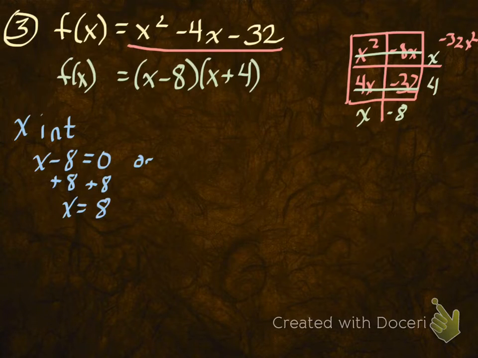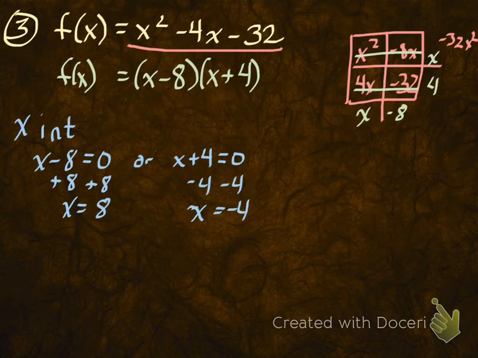Or the other one is x plus 4 equals 0. And so x is equal to -4. So remembering that when we have those parabolas, and if it crosses the x-axis, there's usually two places. This is one of those scenarios where there's two places when it crosses the x-axis.